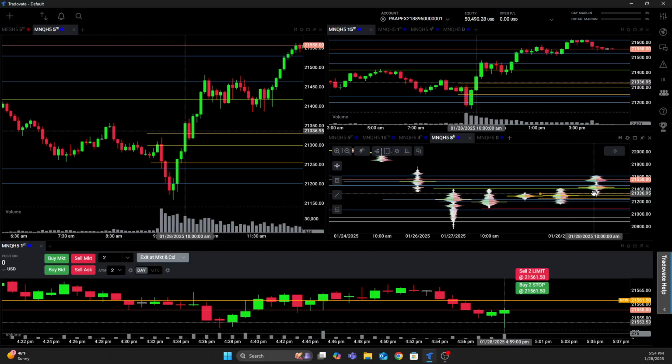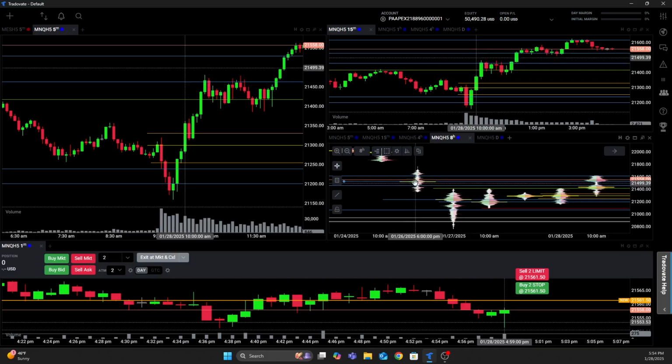Where would price want to move in order to get liquidity? Probably up to these next high volume nodes. Price moves to liquidity, right? It wants liquidity. It's going to act as a magnet.